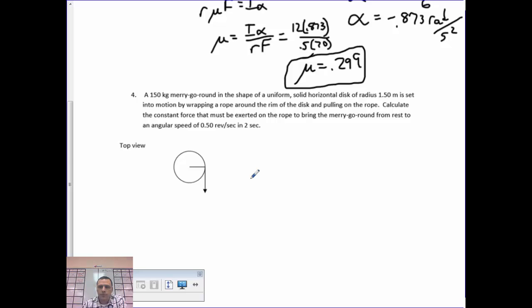Well, it looks like we have some rotational kinematics, and then we're going to get into the second law of rotation. But if we want to deal with the second law of rotation, torque equals I alpha, we're going to need that alpha value. So I'm going to go over here and think about omega f equals omega i plus alpha t.